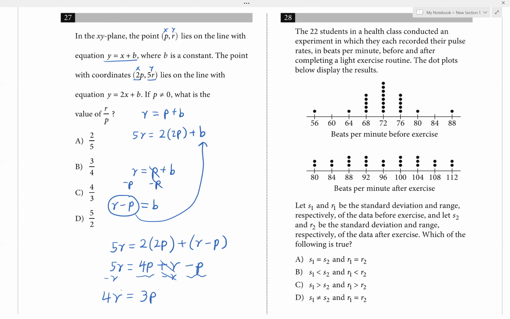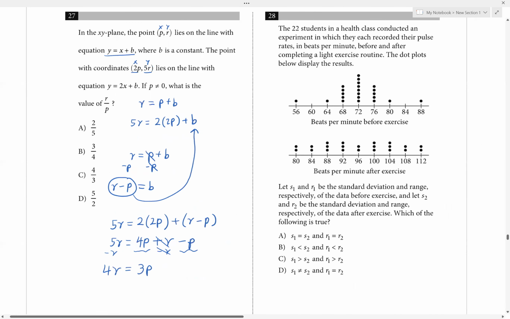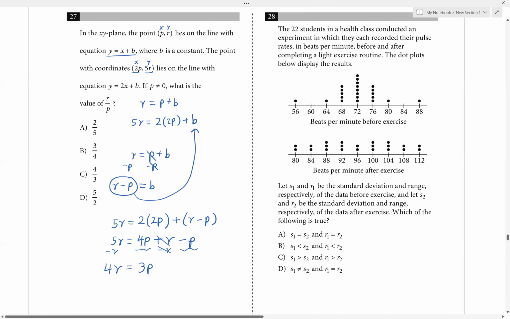That's our equation. But remember, our goal here is to solve for the value of r over p. We're trying to get that by itself. Right now we have 4r equals 3p. How do we get it into r over p?